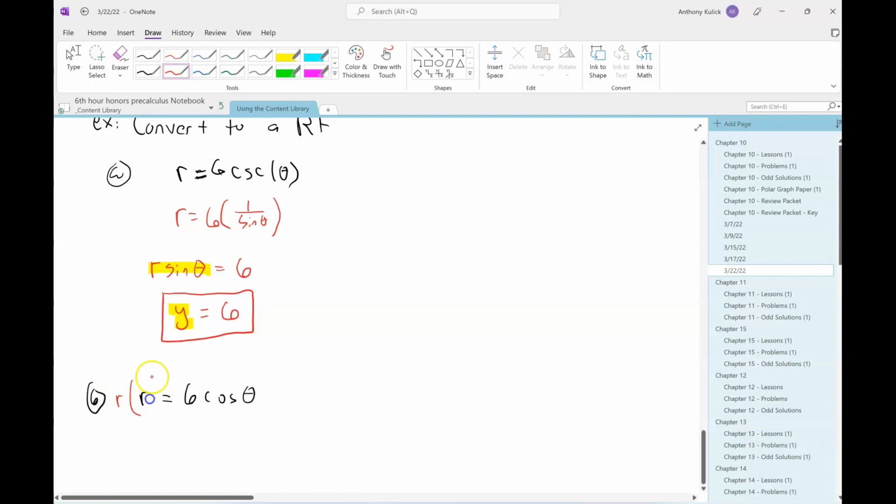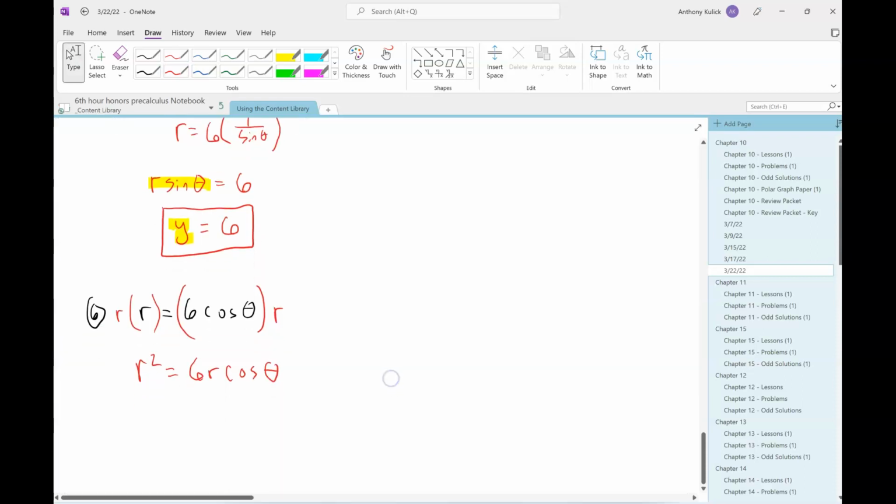So what I'm going to do now is multiply both sides by r. Why would Mr. Kulik want to do that? Well, for one, on the right-hand side I now have r cosine theta.